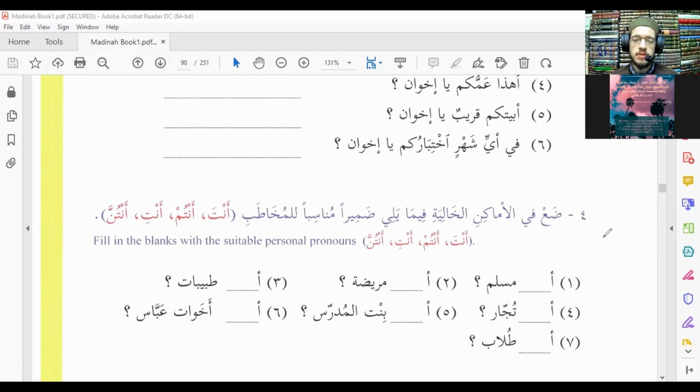Okay. Good. So antum muslimun. Yes. Good. مريضة. أنتِ مريضة. Very good. أنتن طبيبات. Very good. تجار. أنتم تجار. بنت المدير. أنتِ بنت المدير.